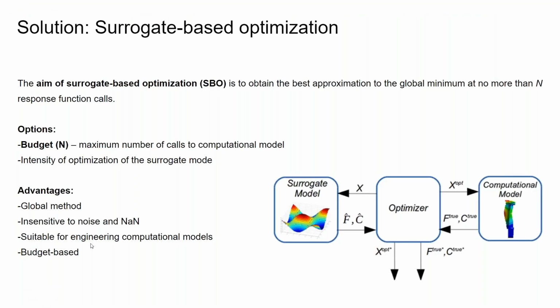And in this work, we've used the prime optimization technique developed by Datadvance. It's surrogate-based optimization or SBO. In this method, a surrogate or approximation mathematical model is built and used instead of the heavy computational model during the optimization process. By a heavy computational model, here I mean a CFD model.